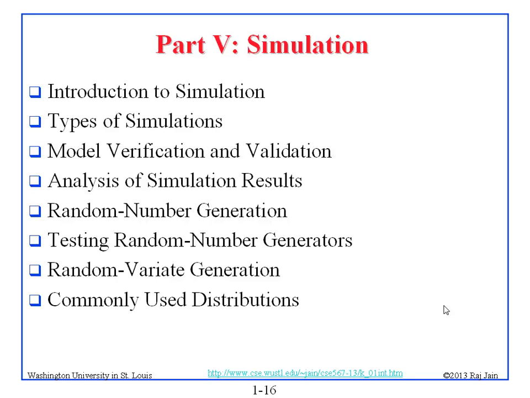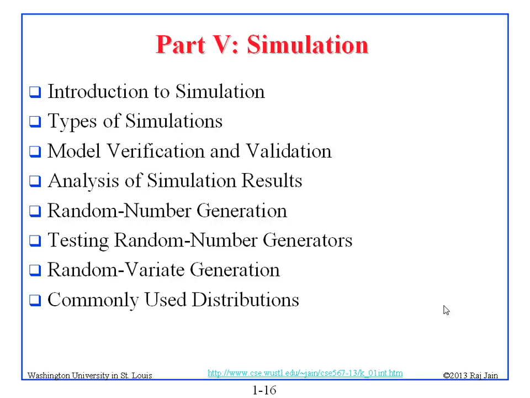So we talk about testing random number generations, and then random variate generations. What is a number and what is a variate? What happens when you want to generate a random number is you generate a uniformly distributed number, and that is called a random number. And then if you need a normal, you do something with it and you get a normally distributed number. That is called a variate.